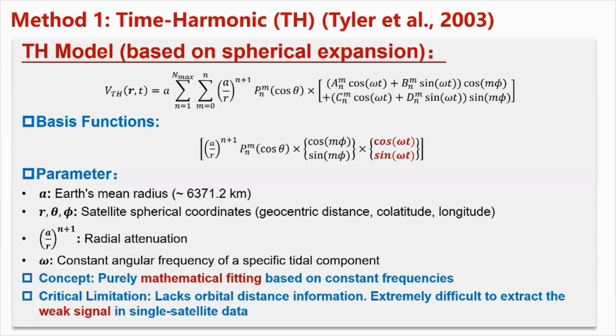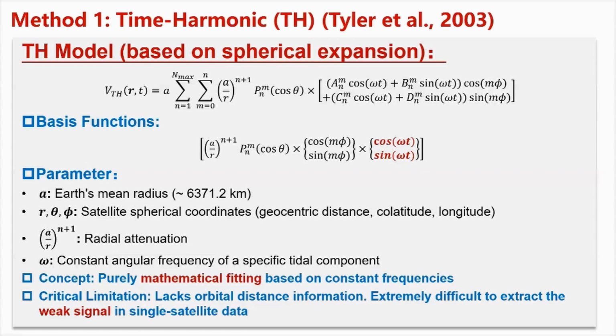So we have the data set, but we need a mathematical model to fit the data. We tested two methods. The first one is based on the standard time harmonic expansion series. It means the potential of the ocean induction magnetic field can be expressed like this.